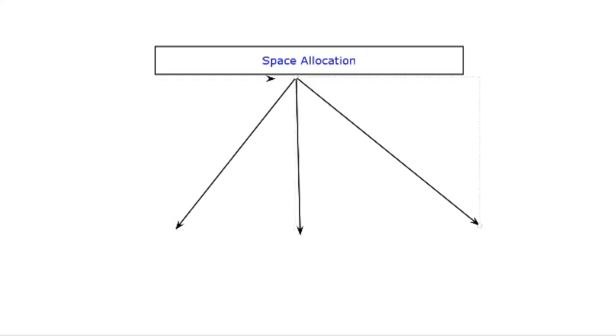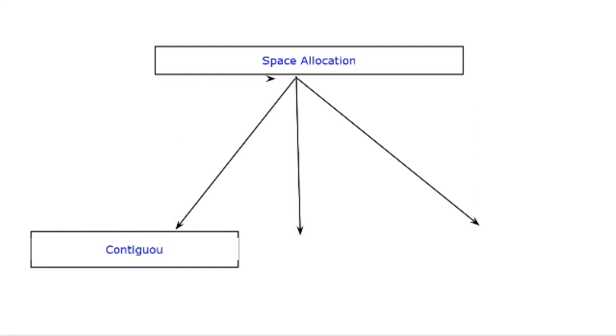These are the three types. Again, there are three types. If anyone knows any of the types, then they can respond. Will anybody tell me what are the types? Anyone have any idea? Contiguous allocation.